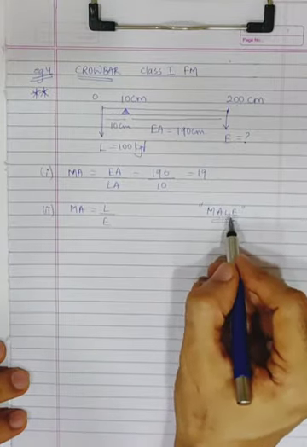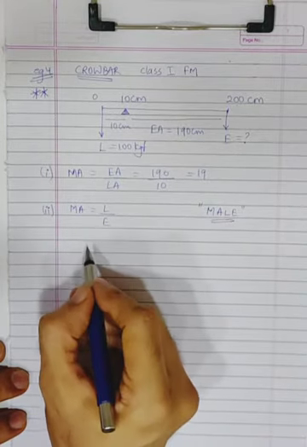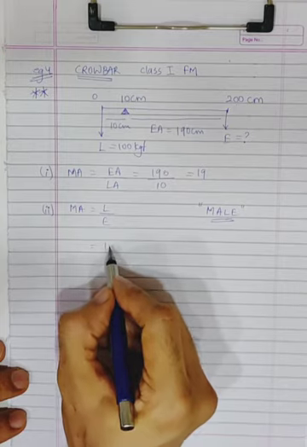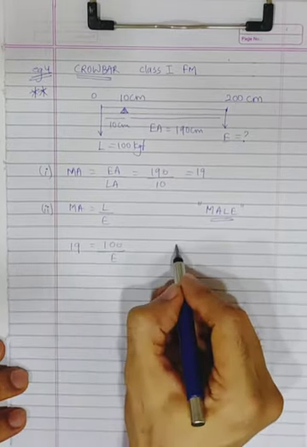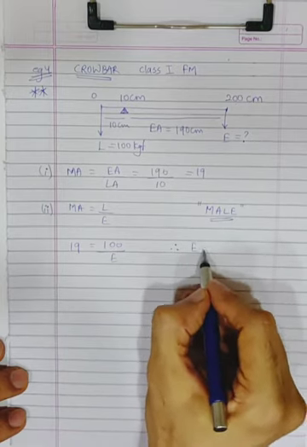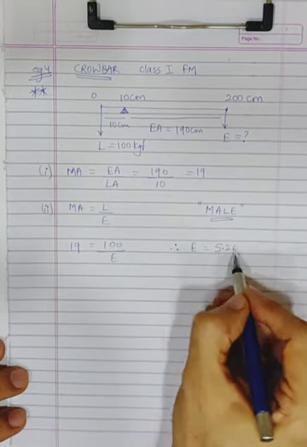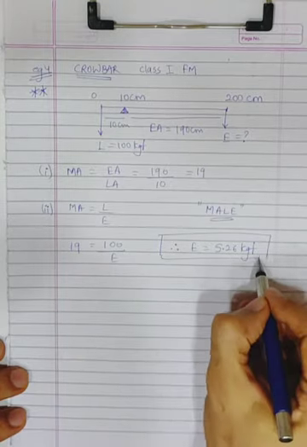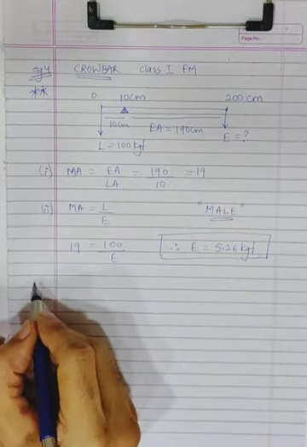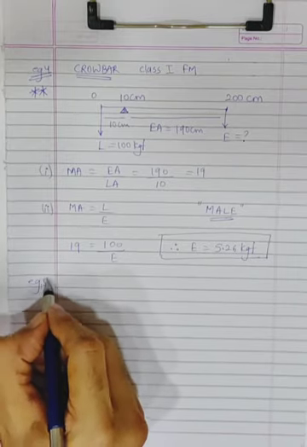So mechanical advantage is load upon effort. Now what is the load? 100. What's the effort? We don't know. Mechanical advantage is 19. On solving, your effort will come 5.26 kgf. Remember, I'm not doing any conversion out here. They did not give us the gravity, so we just ignore it. We'll also leave it as it is only.